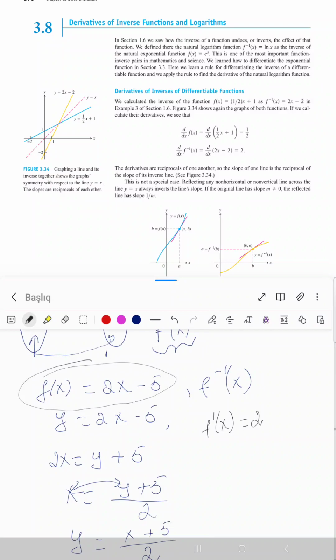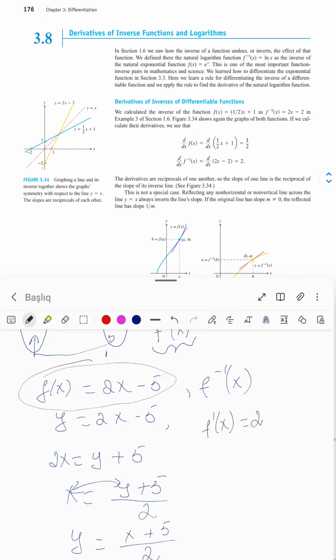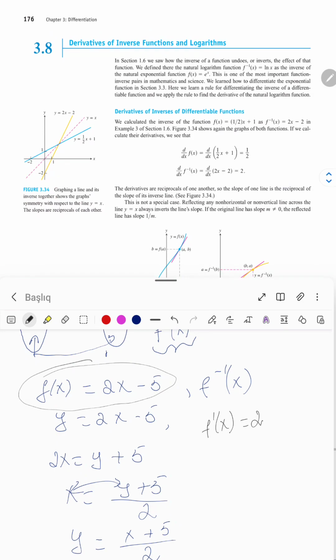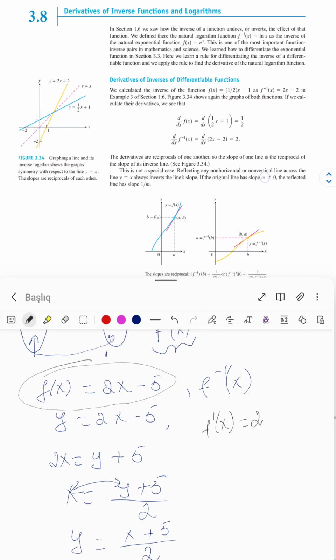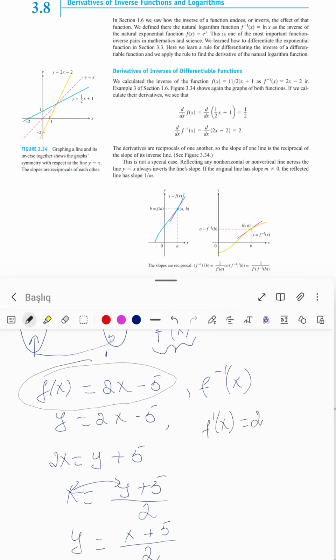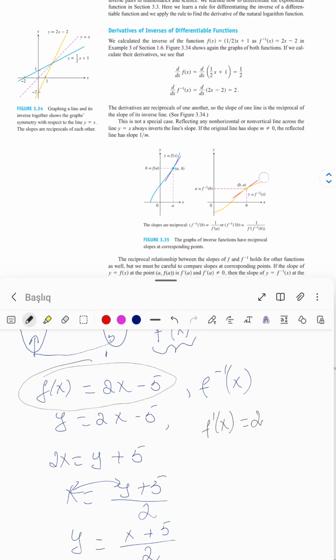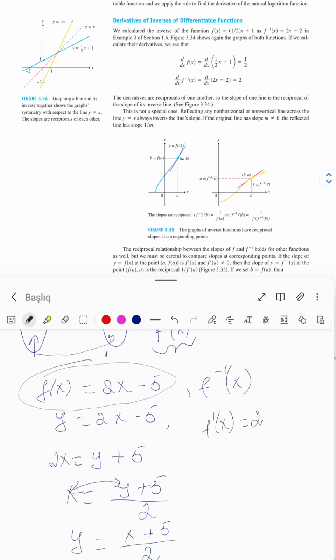Let's see the book, what we have here. We have f(x) equals 1 over 2x plus 1, and the derivative of it is 2x minus 2. And of course, it's easy to find the derivative of both. We know how to find it using the sum rule. Okay, but this is not a special case.